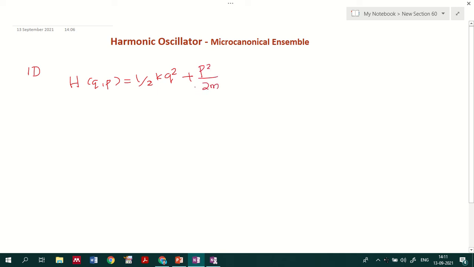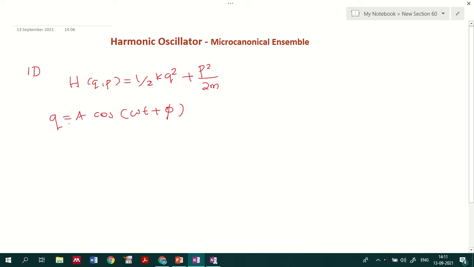Also, the position for a harmonic oscillator is q equal to a cos(omega t plus phi). This is the solution of the equation.